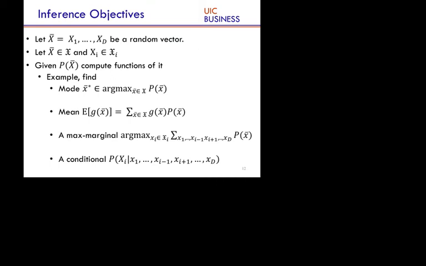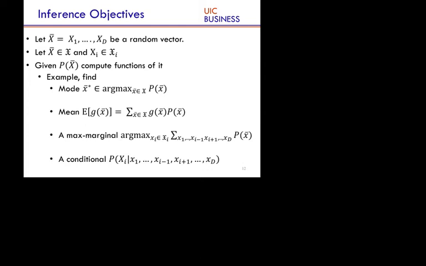Okay. So the inference objectives that we tried to address last time were basically what are the types of problems that we look at. The problems are finding the mode, which is that configuration or assignment to the random variables which maximizes the probability, right? And for example, you can also compute functions of random variables like the expectation, which is a function over whose expectation you want to take, and also the joint distribution.